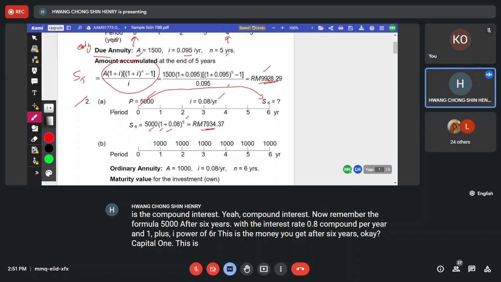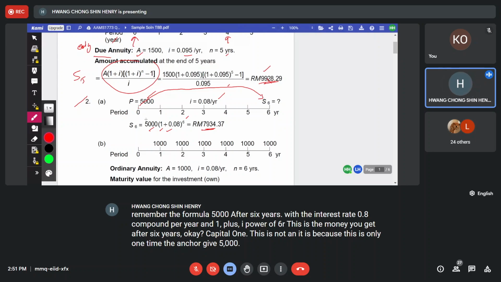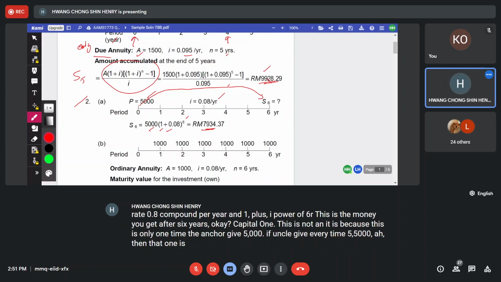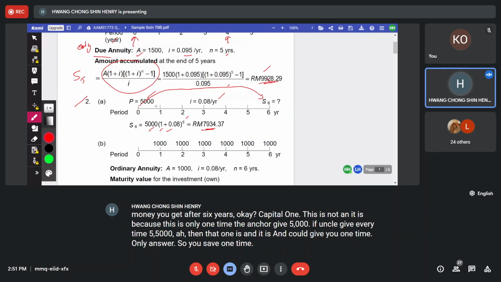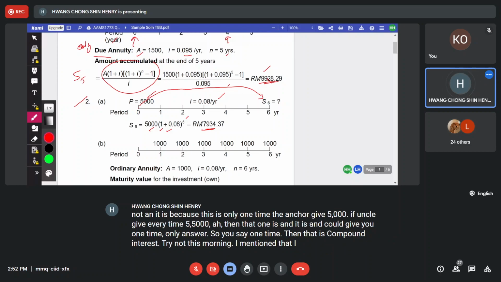This is not annuities because this is only one time the uncle gave 5,000. If uncle gave every time 5,000, 5,000, 5,000, then that one is annuities. Uncle gave you one time only, so you say one time, then that is compound interest. This morning I mentioned that you must know how to differentiate.